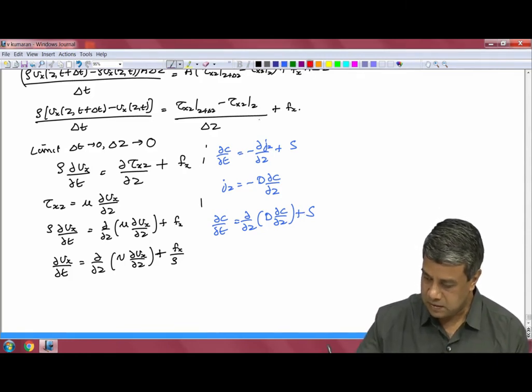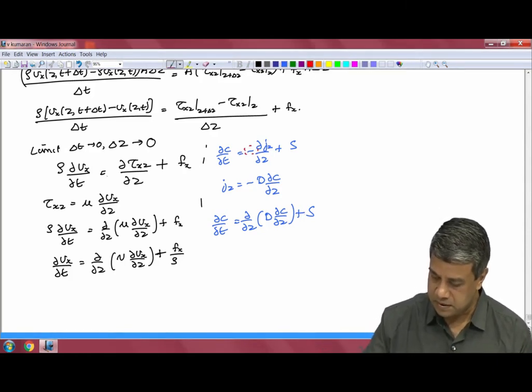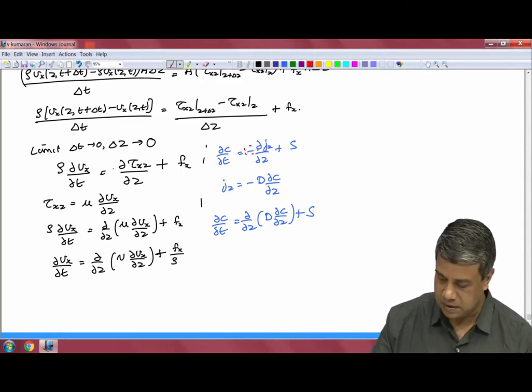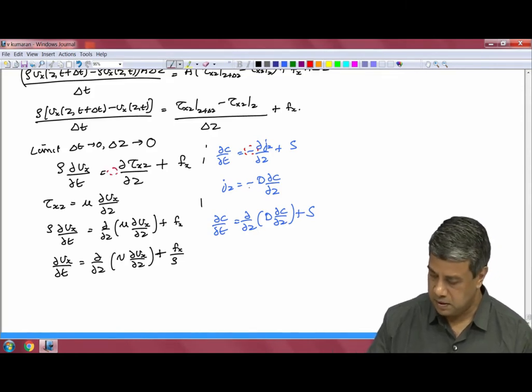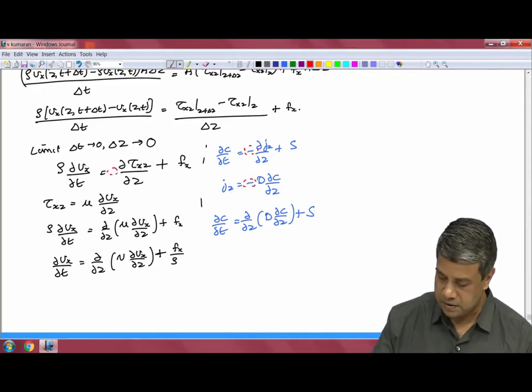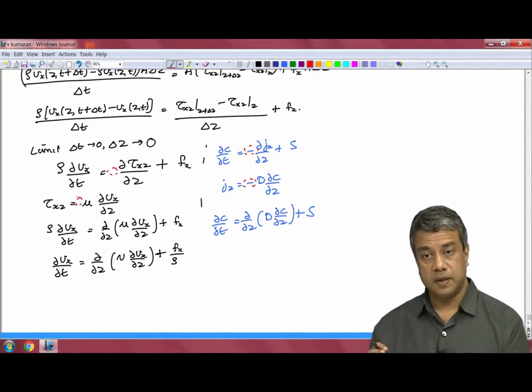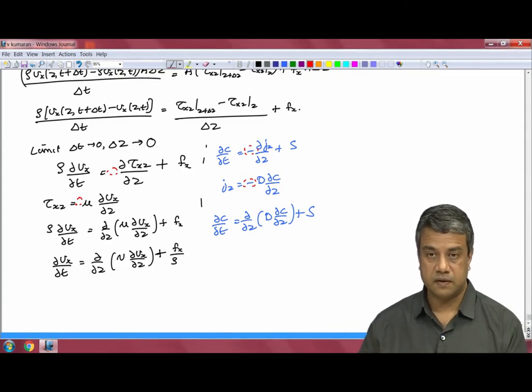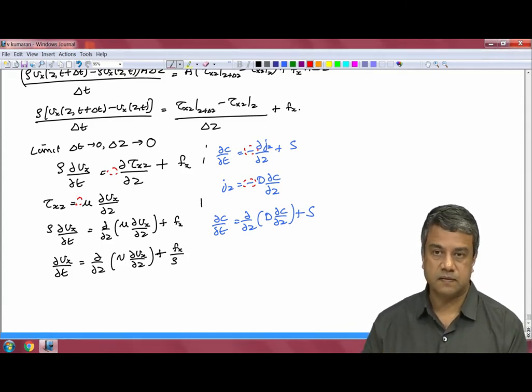Note that there was a negative sign in the constitutive relation which is not there in Newton's law, because of the difference in the convention for the direction of the flux and the direction of the force.